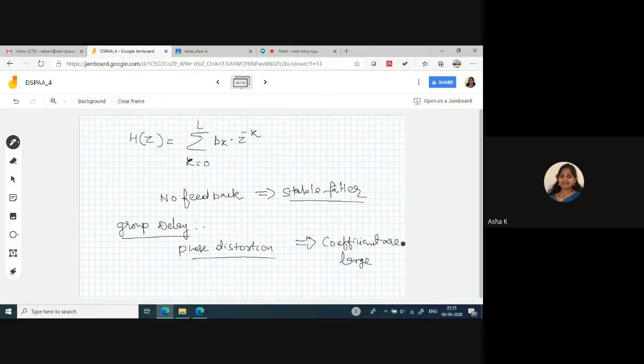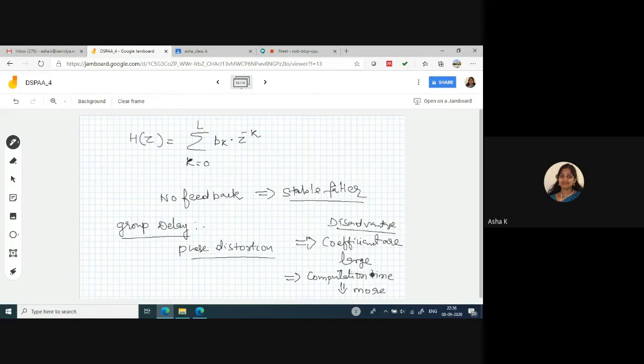This is one of the disadvantages. Since the coefficients required are large, the computation time required will be more.